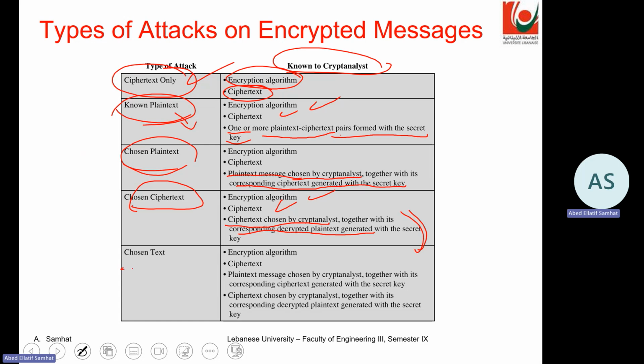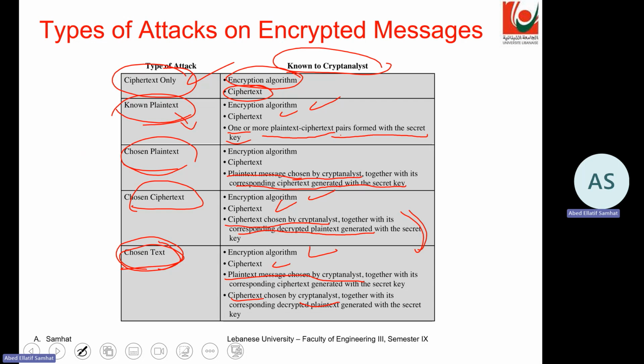The last one is the chosen text, and in this case, the attacker will have the encryption algorithm, the ciphertext, and also a plain message chosen by the cryptanalyst together with its corresponding ciphertext, and also a ciphertext chosen by the cryptanalyst together with its corresponding decrypted plain text. So that's why when we say chosen text, it's really the chosen plain text in addition to the chosen ciphertext. So those typically are the different types of attack on encrypted messages.